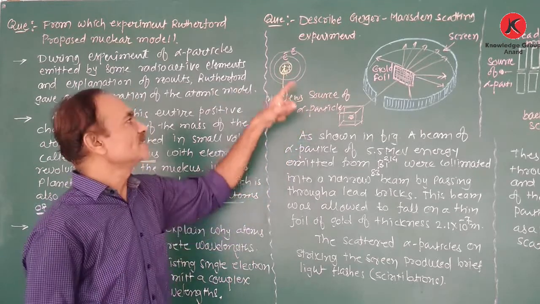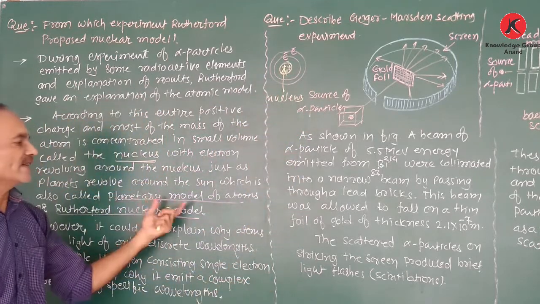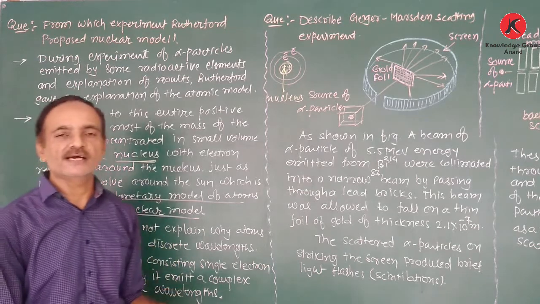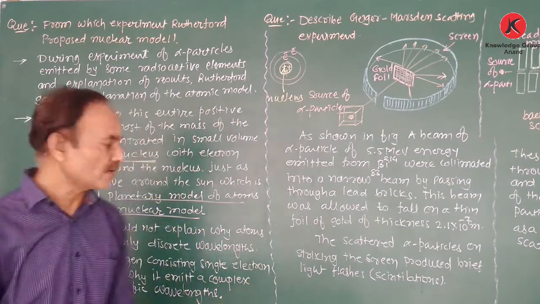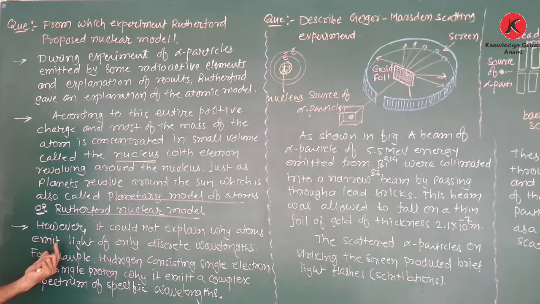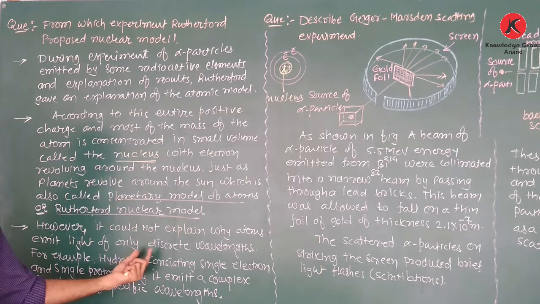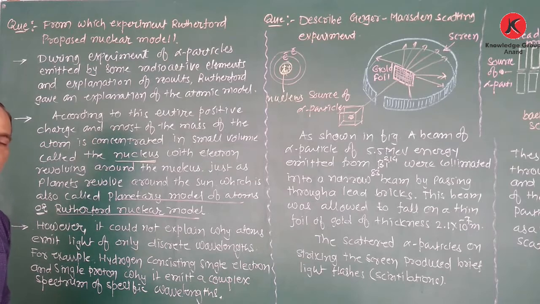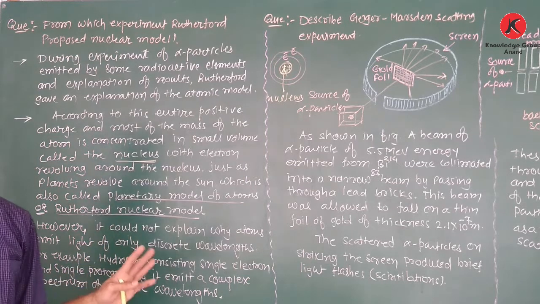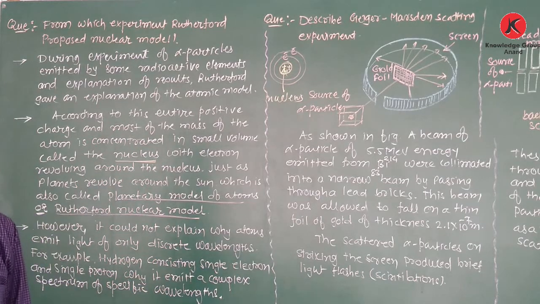Due to this, the model is known as the planetary model or Rutherford's nuclear model. This model cannot explain why atoms emit light of discrete wavelengths. For example, hydrogen consists of a single proton and single electron, so why does it emit a complex spectrum of specific wavelengths? Clear? So that is the basic concept of how Rutherford got the idea for the atomic model.